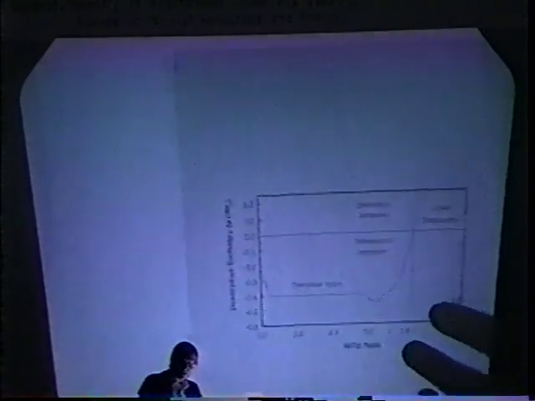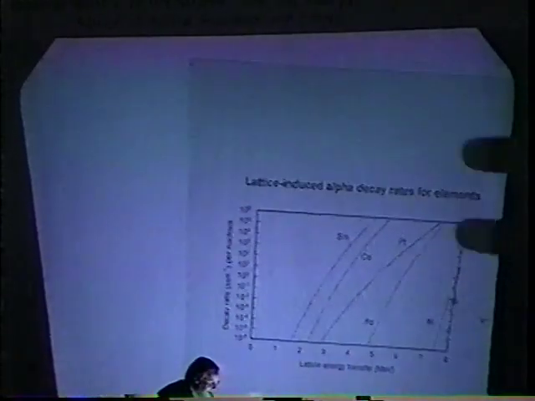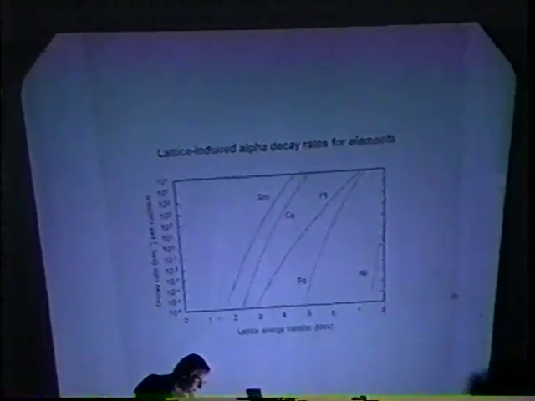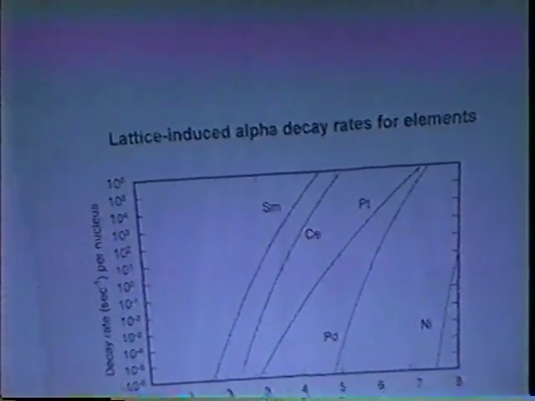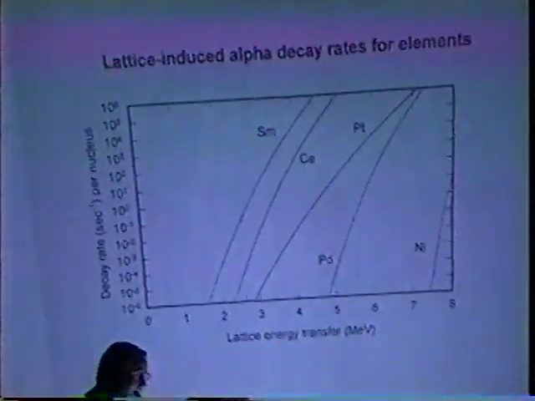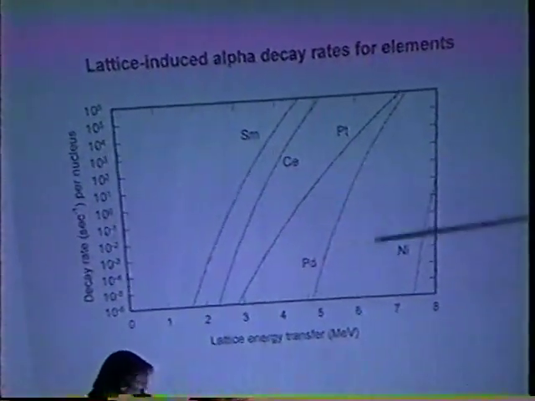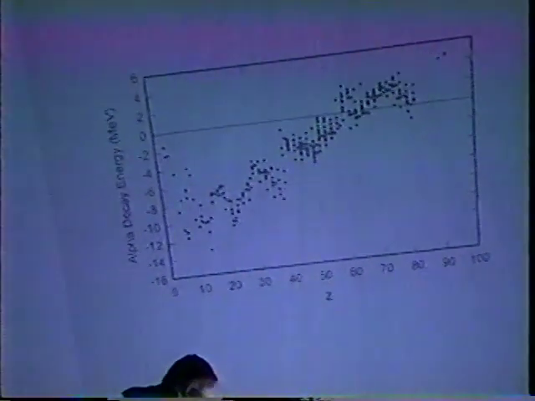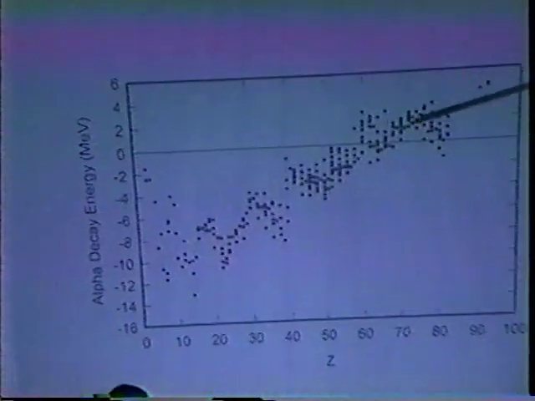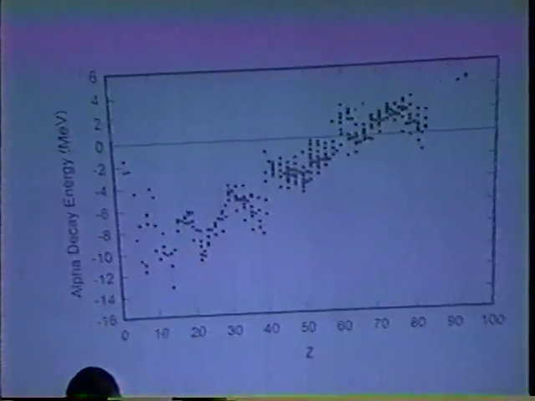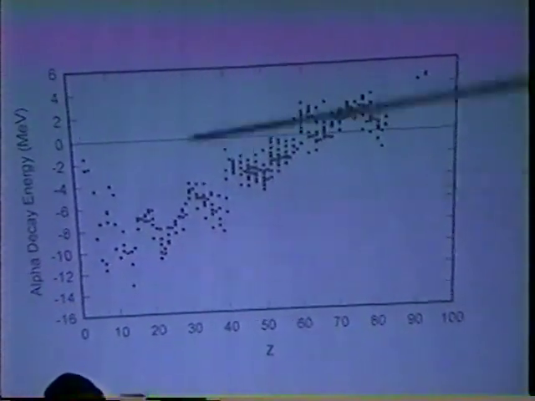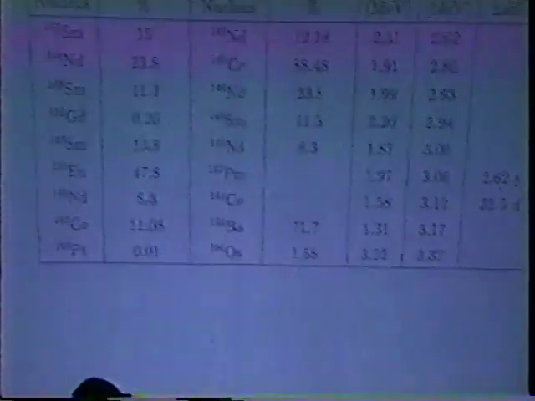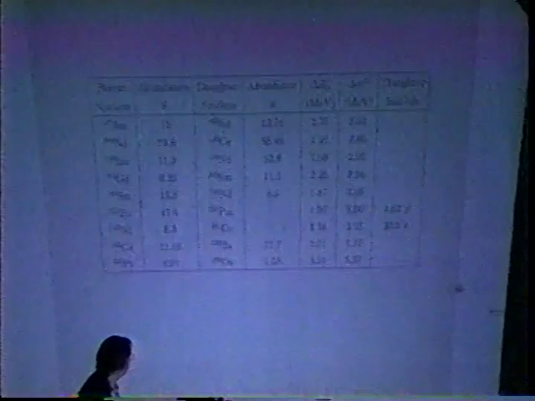I've applied this model to a variety of possible reactions. In the case of alpha decay, we can get some very large alpha decay rates. Palladium and nickel are stable against these things, but samarium, cerium, and platinum have finite reaction rates. This is interesting because heavy materials would be exothermic under lattice-induced alpha decay. Light ones would be endothermic. The best fuels, if this is the heat mechanism, can be identified.